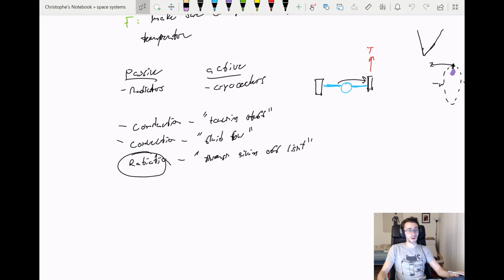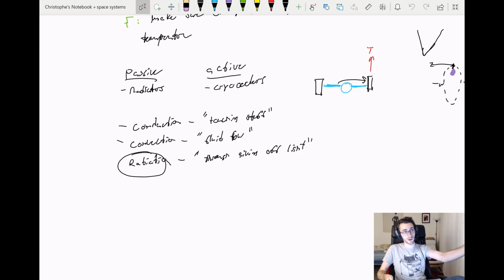Same with your focal plane array. If it's not at the right temperature, it might be self-emissive, generating its own electromagnetic radiation just because it's at a temperature above 0 Kelvin. It might be collecting that information, but that's not the image you want to collect. I don't care what self-emissive stuff the focal plane array is capturing.